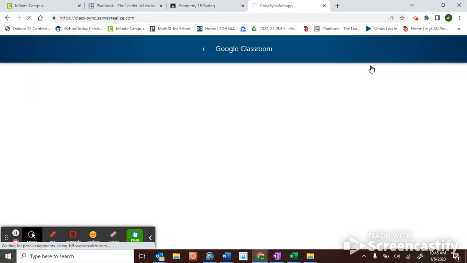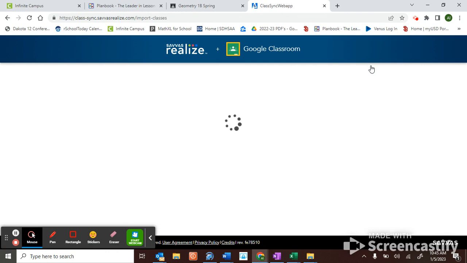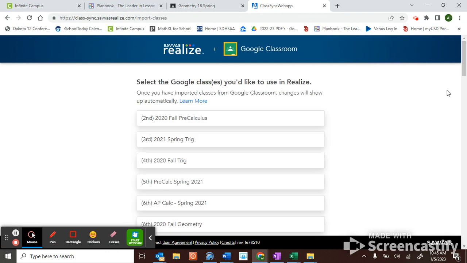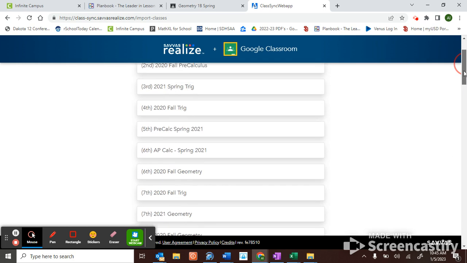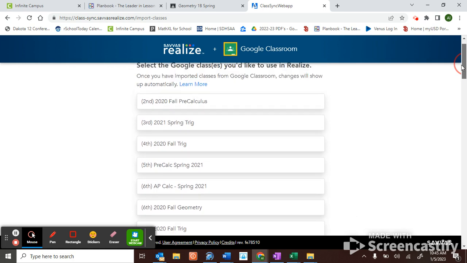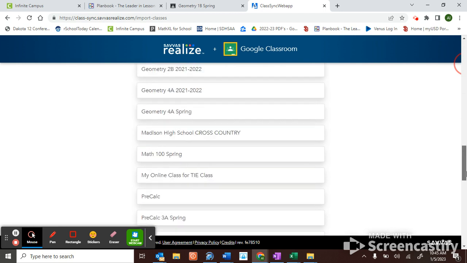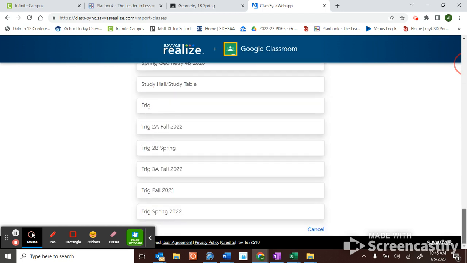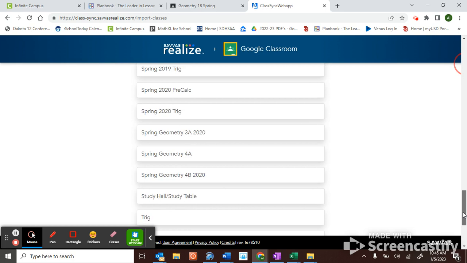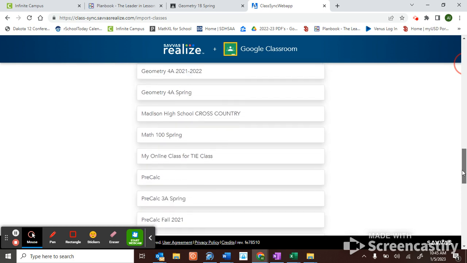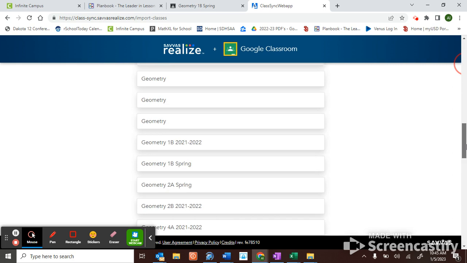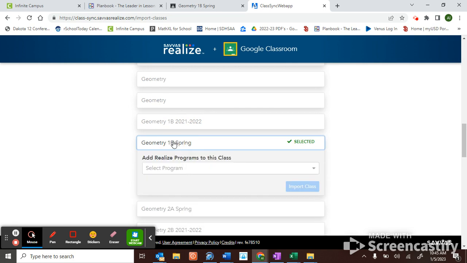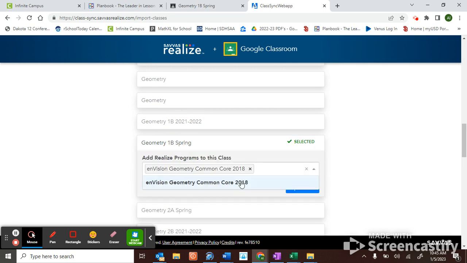Import a Google class. Hi, Mr. Hodgen. Look at this crew. Yeah. All right. We must be at the bottom. Geometry. Where am I? Fall 2022. Oh, my goodness. Really? Geometry 1B Spring. I think that's what I called it. Yep, that is. So we'll go with that one. Import class.